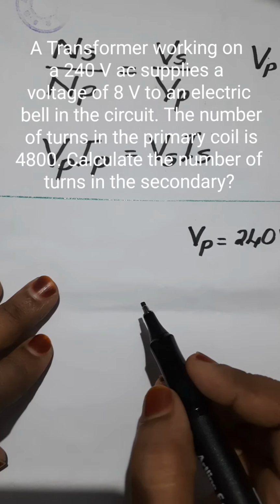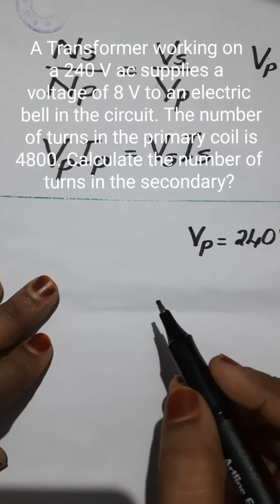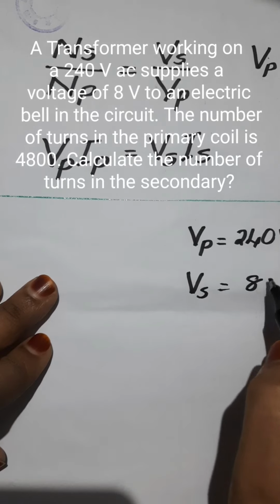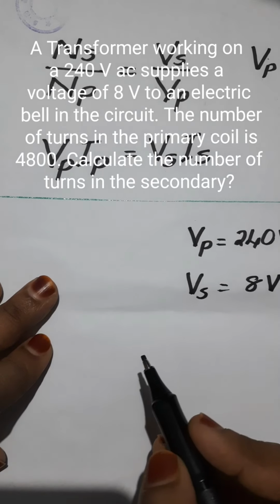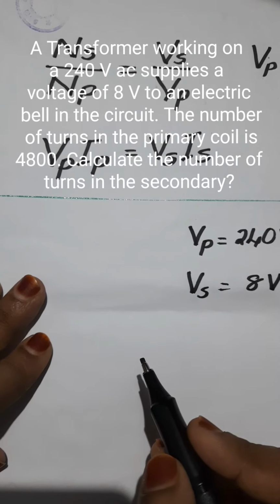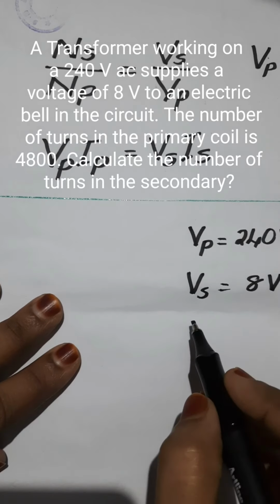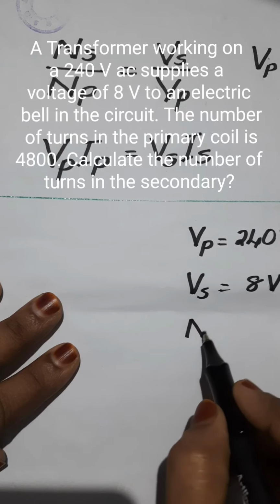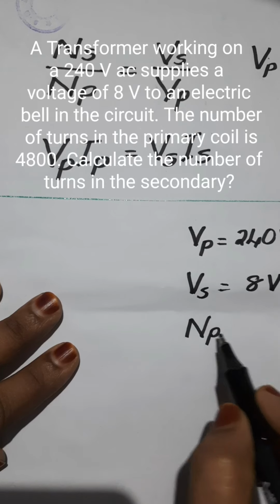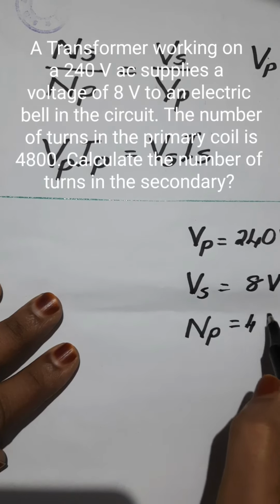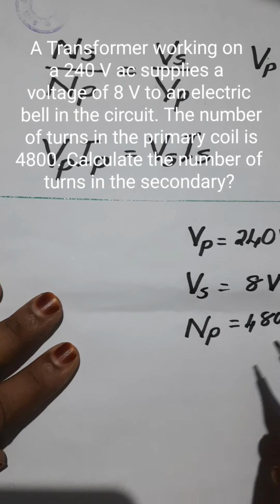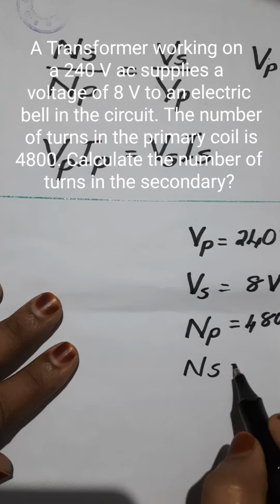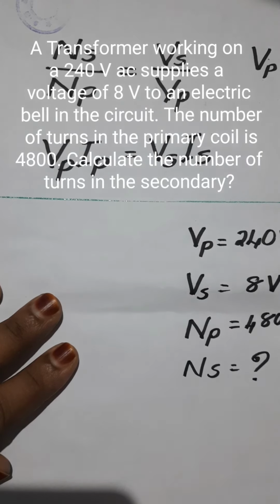Supplies a voltage of 8 volt. That means Vs equals 8 volt. The number of turns in the primary is 4800. What is the number of turns in the secondary? We have to find out number of turns in the secondary.